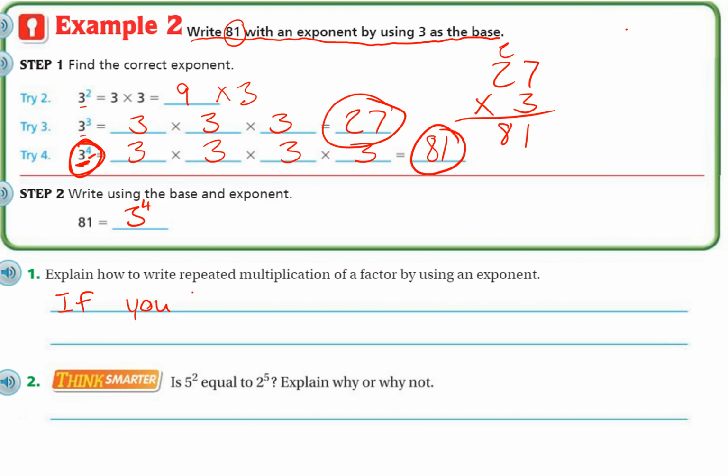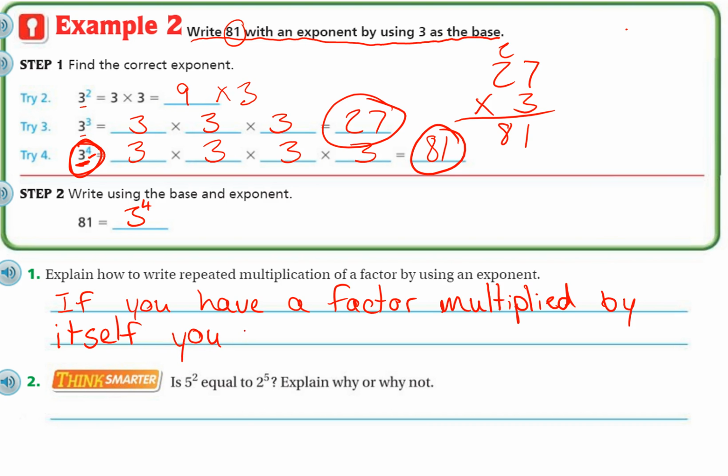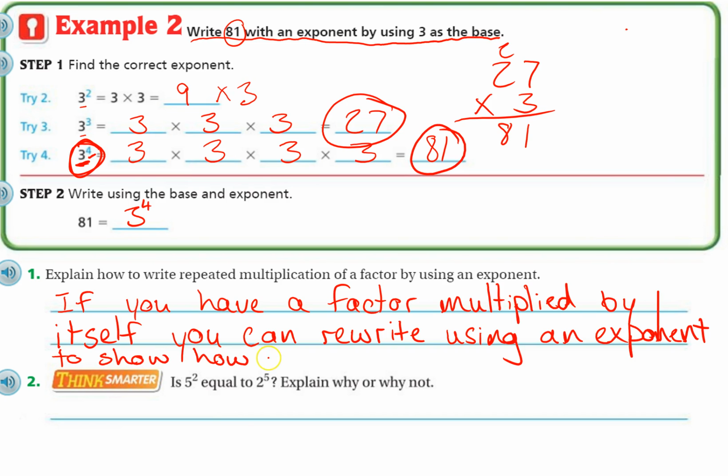If you have a factor multiplied by itself, you can rewrite it using an exponent to show how many times you need to multiply the base.